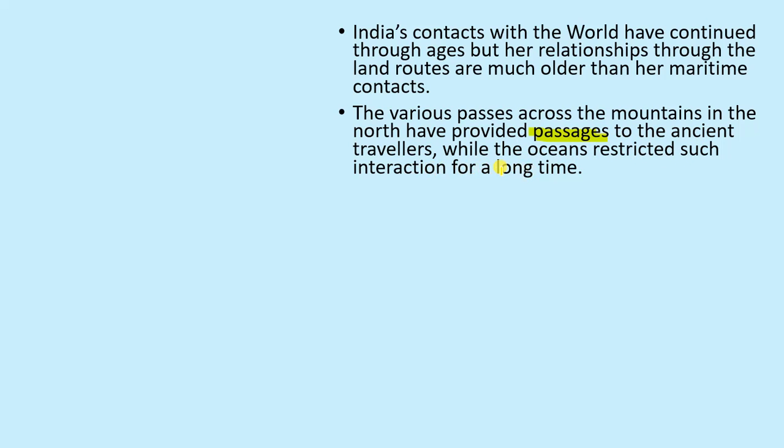Earlier the people did not have an idea about the ocean and the different parts of the world connected through it. So at that time people were moving only through land routes. That way, for a long time, the interaction was done through the land routes.